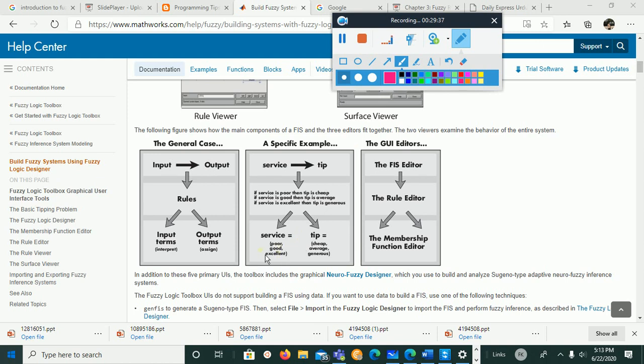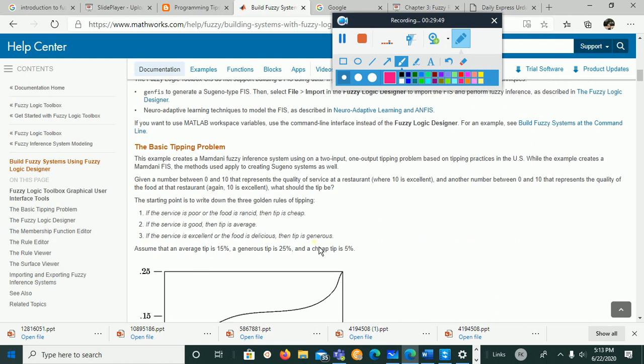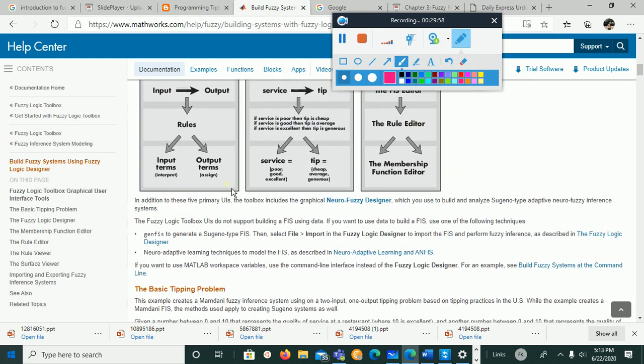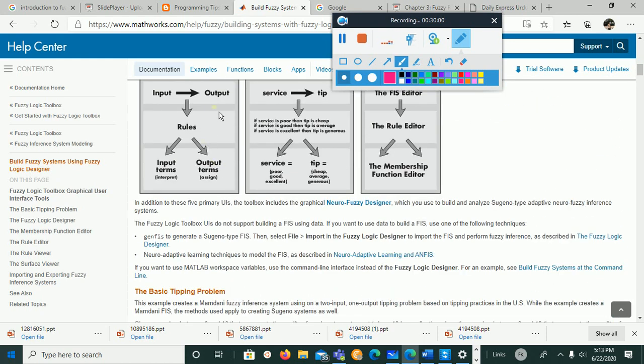Food may be poor, good, excellent, and then a tip will be given, which depends upon the food and also depends upon the service. So these are the inputs and outputs, and in input terms there will be rules.